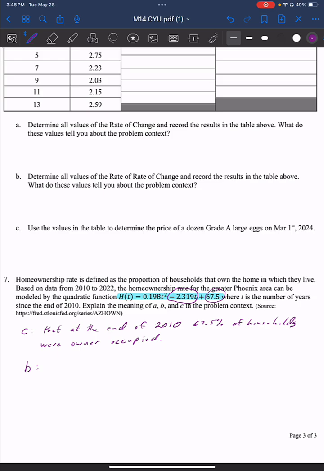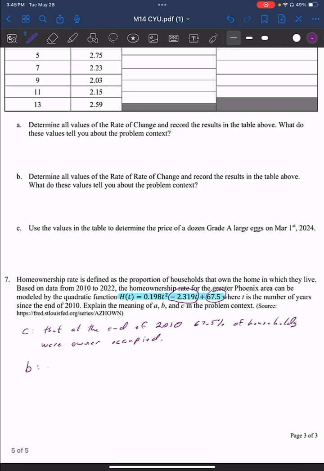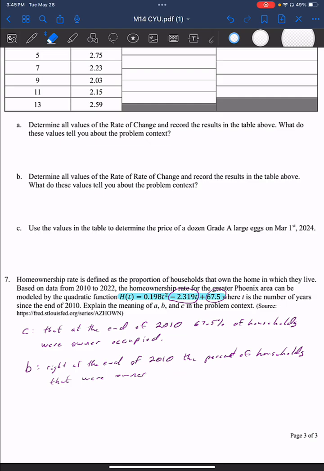So right at the end of 2010, the percent of households that were owner occupied was decreasing, right? Because this is a negative value here.